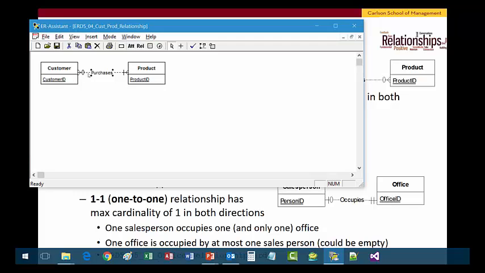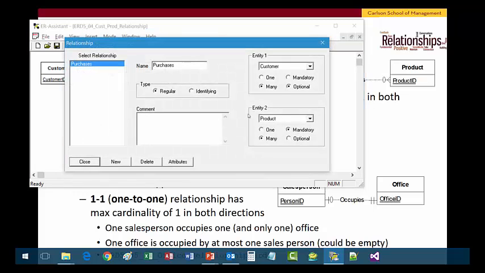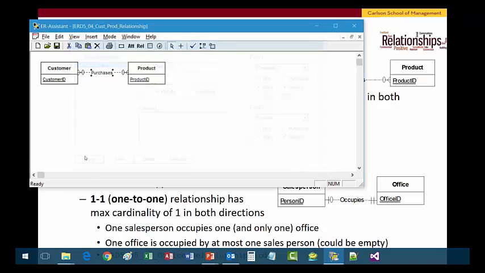That's the left 0. You can see how it's kind of confusing, right? By making the product optional, we're saying that there are customers that purchase 0 or many products, and this 0 represents the customers that are not buying products, and those are again prospects we sort of eliminated.